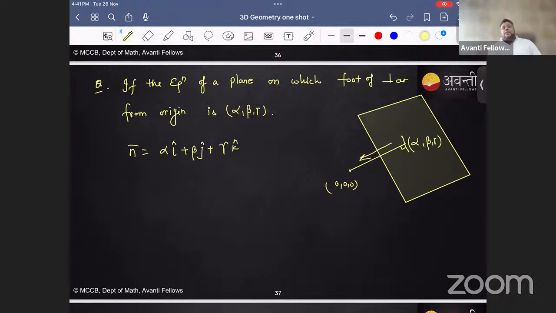And there is a point also in the plane that you know, alpha, beta, gamma. So first of all, according to this normal vector, the plane can be alpha x plus beta y plus gamma z equals to something. Yes or no? Now this plane is passing through alpha, beta, gamma.